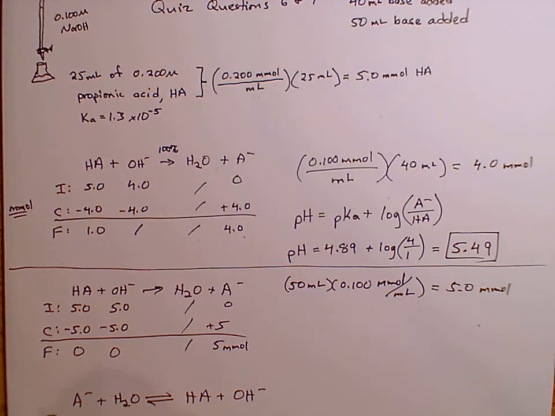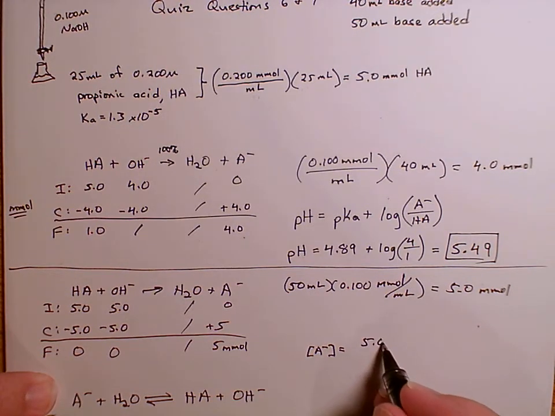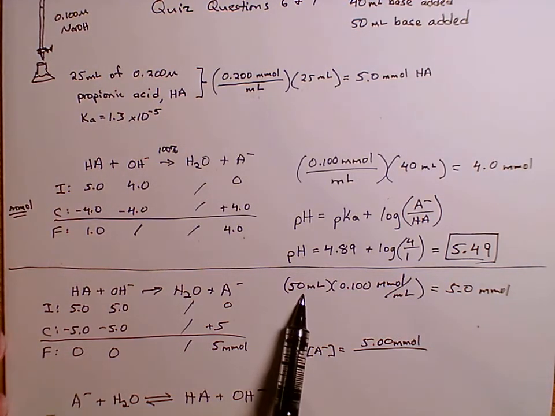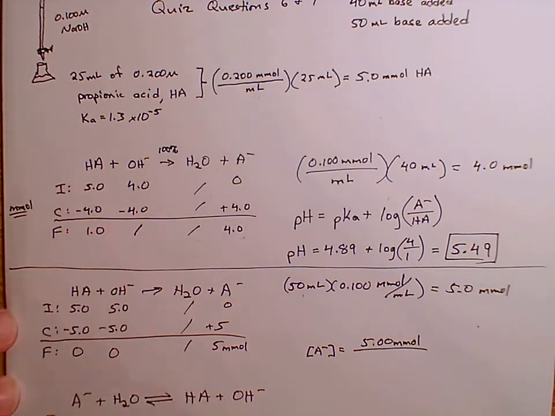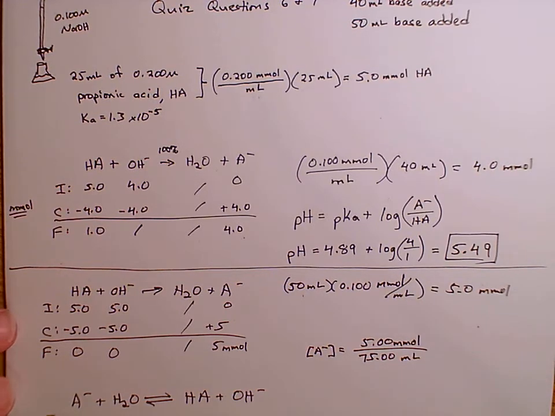Since this is equilibrium, this is now a good old-fashioned ICE table. And, oh, but remember, ICE tables need to be in units of molarity. So I need my molarity of A minus. Well, concentration of A minus is 5.0 millimoles divided by the number of milliliters. Note, I added 50 milliliters of base, but I started with 25 milliliters of acid, so this is 75.00 milliliters here.